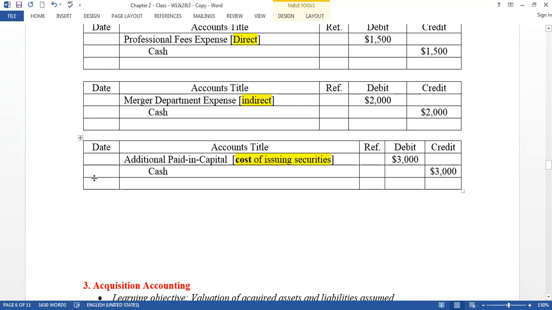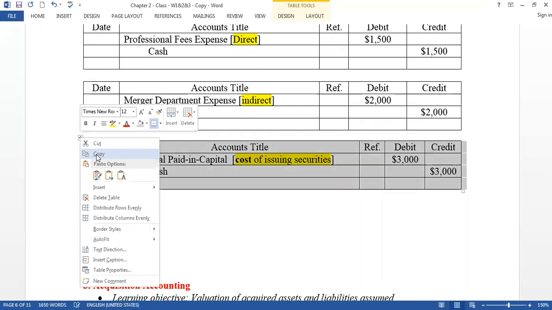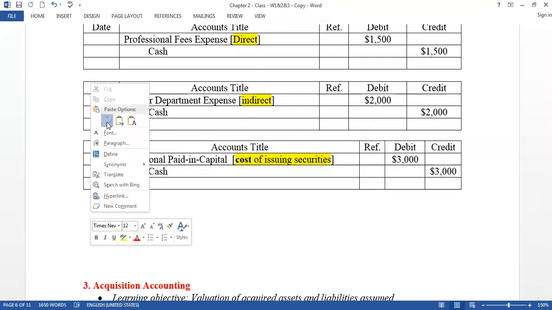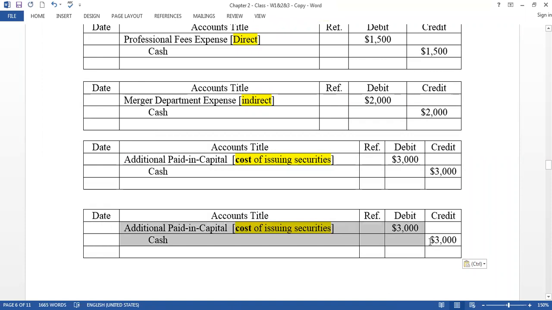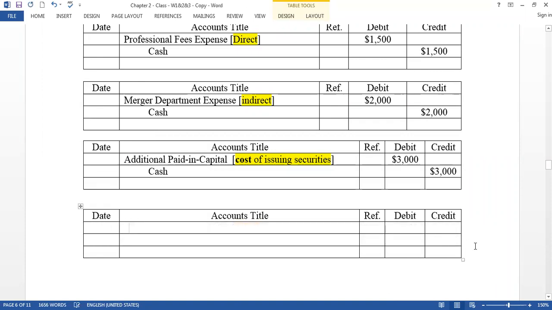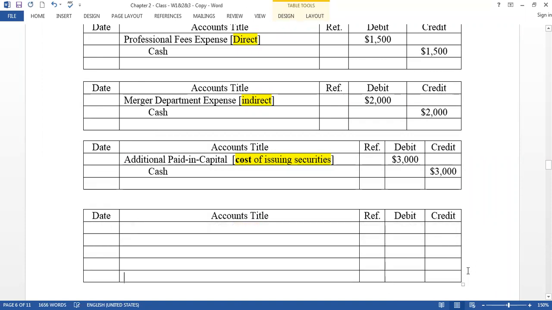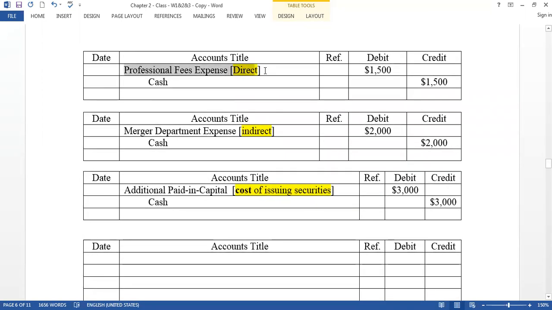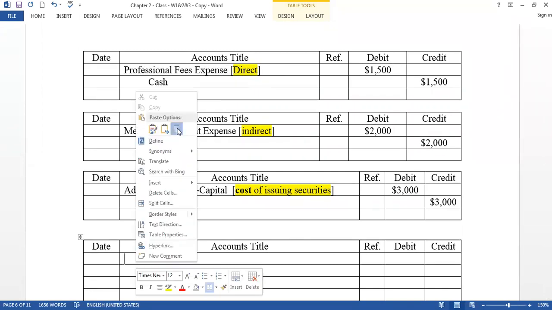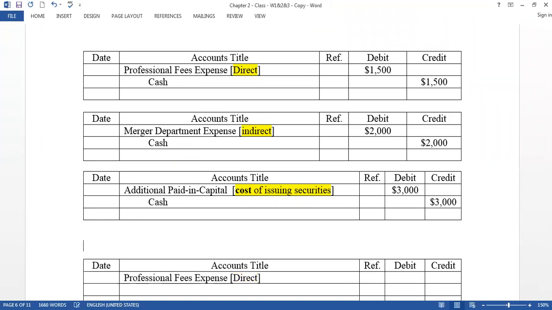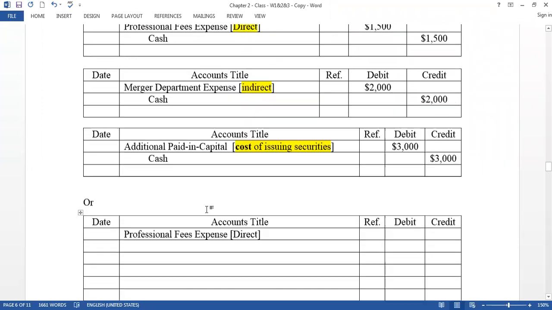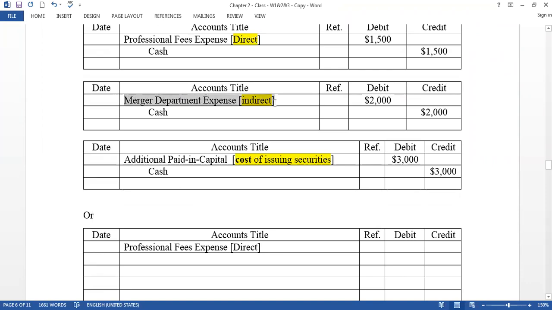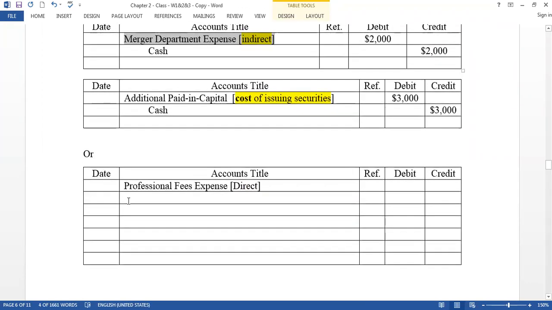Or in the exam, if you want to write something like this, this is the alternative, or you can follow the following journals. I mean, all the journals together.